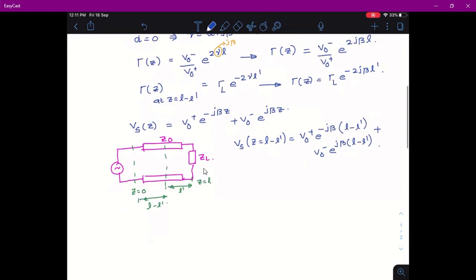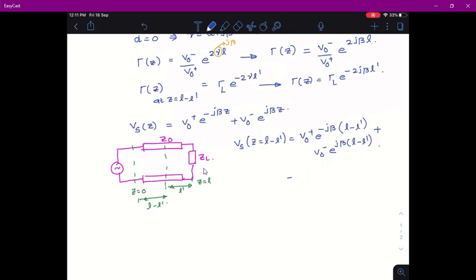Okay. So, I can take V0 plus e raised to minus j beta L minus L dash common.